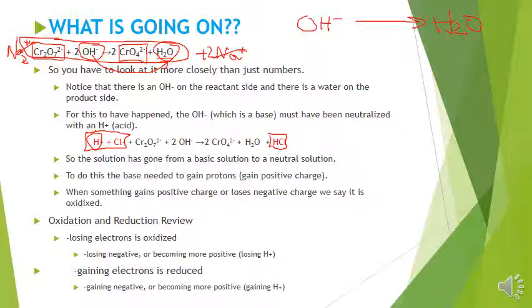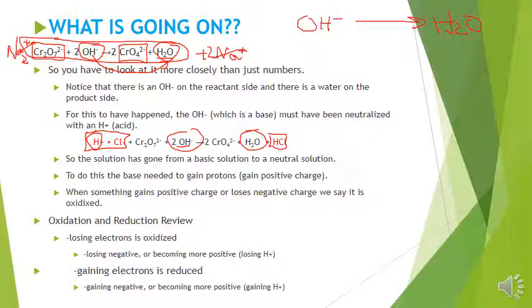I know there are two of them here, but it ends up working out in terms of stoichiometry. So this OH minus must have been neutralized by some H pluses. The solution has gone from a basic solution, OH minus, to a neutral solution, H2O.